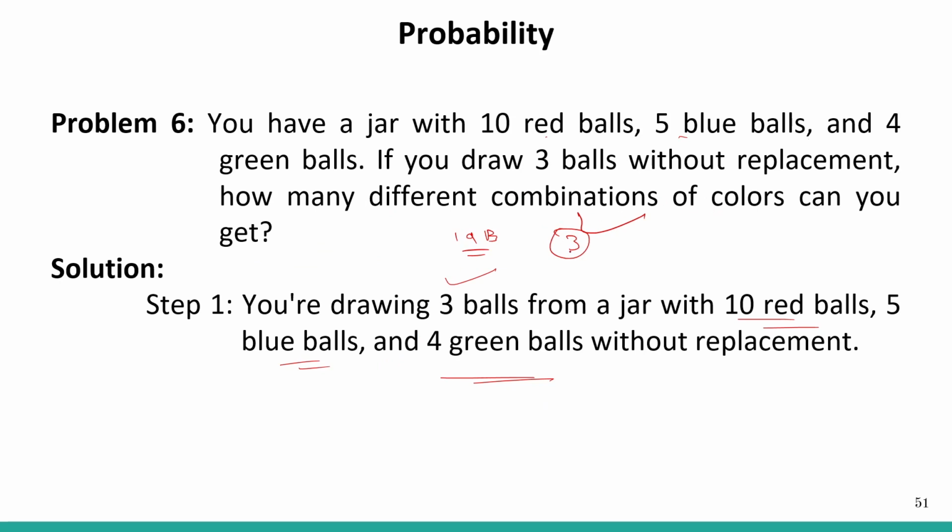If you ask me what the probability will be, it will be 3 into 2 into 1 divided by the number of ways I can pick 3 balls out of 19, so 19C3. This will be the probability that I get 3 different colors.